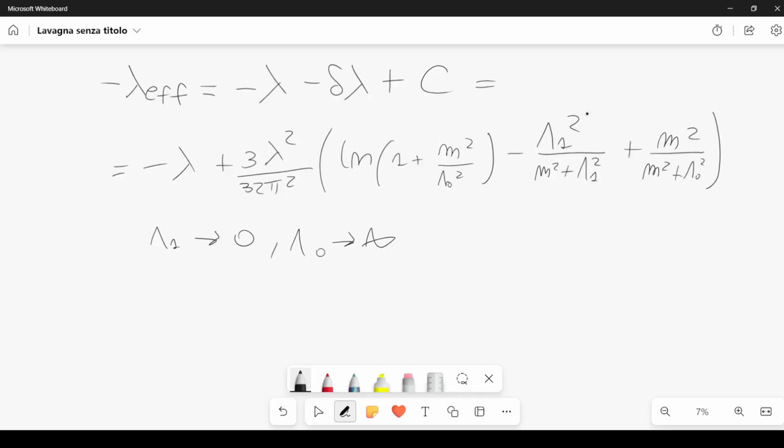Since lambda 1 goes to 0, this term will be 0, and when lambda 0 goes to infinity, this also will be 0. So in the limit, we see that lambda f will be equal to lambda. So with this renormalization scheme, in the limit, we find that the pure quartic coupling in the quantum effective action coincides with the parameter lambda in the classical action.